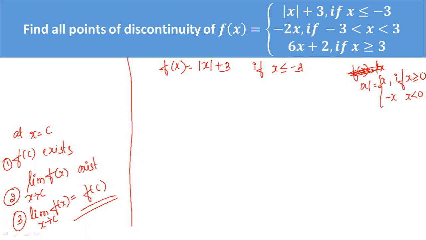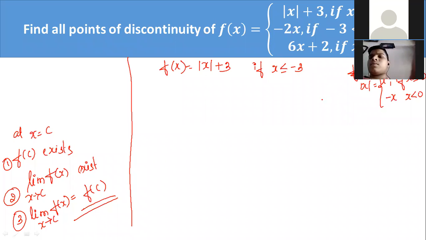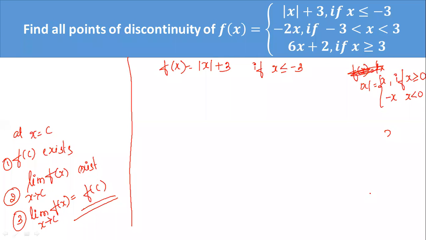Here they have told x is less than or equal to minus 3, which means obviously x is less than 0 also. So instead of mod x, we can write minus x plus 3.